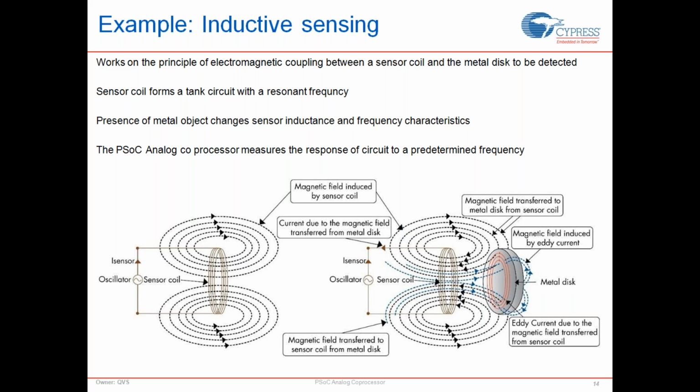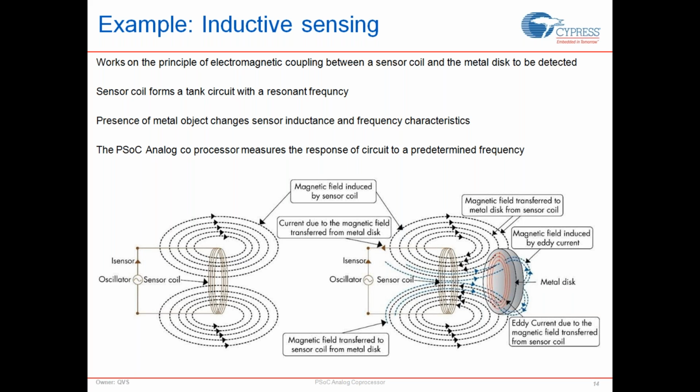If you build a coil, the coil will have inductance associated with it. And the inductance of the coil is determined both by the number of turns and the nature of the geometry of the coil itself, and the material of the core, which is the permeability of the core.